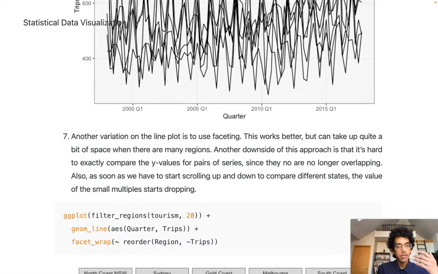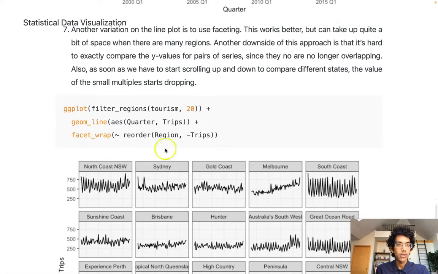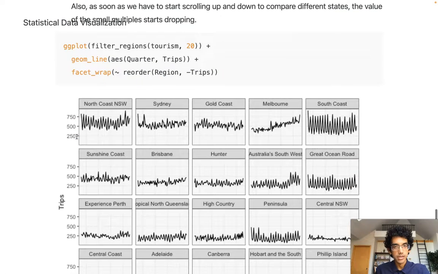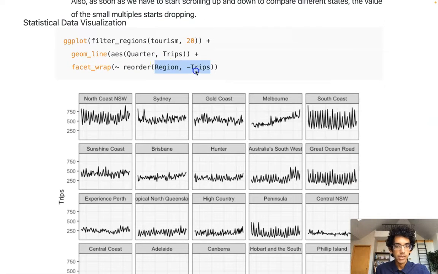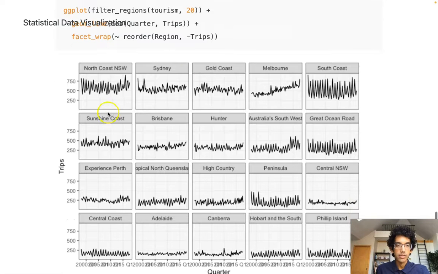So how to improve this? One is to use faceting, right? So here I've faceted by region, and I've sorted them from the most to the least number of trips. So you can see there's some clear seasonality, there's some trend for Melbourne, maybe there's a little bit less seasonality in some of these series.